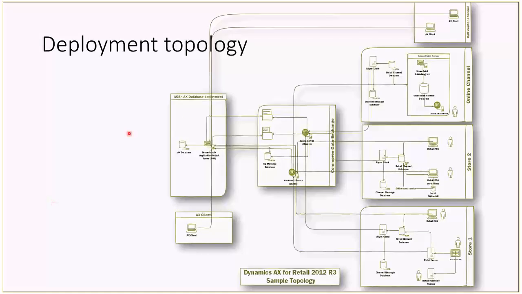You have your AOS AX database deployment here. You have your commerce data exchange, async server, and real-time service. One thing about real-time service that I didn't mention until now is you'll notice that real-time service connects directly with your retail point of sale and your retail server.